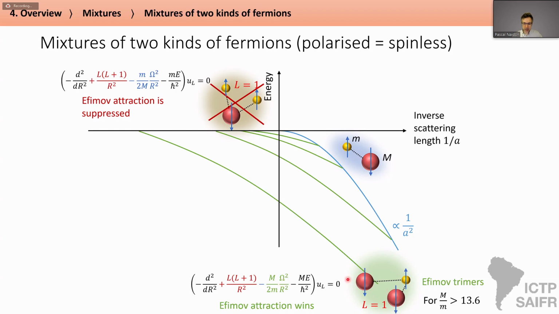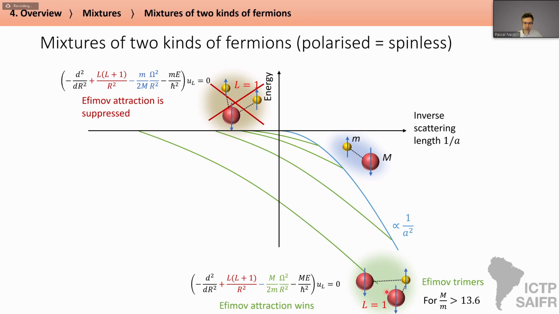But as we've seen, when the mass ratio is large enough, larger than 13.6, this Efimov attraction mediated by this yellow particle between these red fermions is strong enough to win over the centrifugal repulsion between these 2 fermions. And then we can have, again, the Efimov effect.